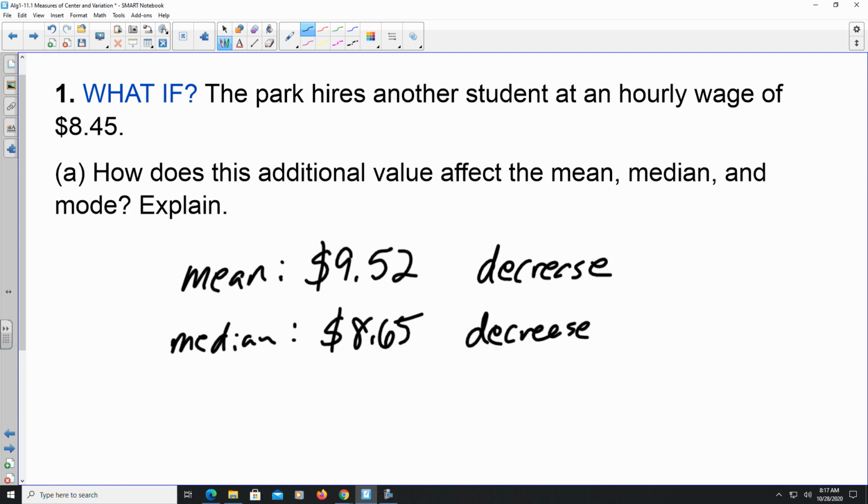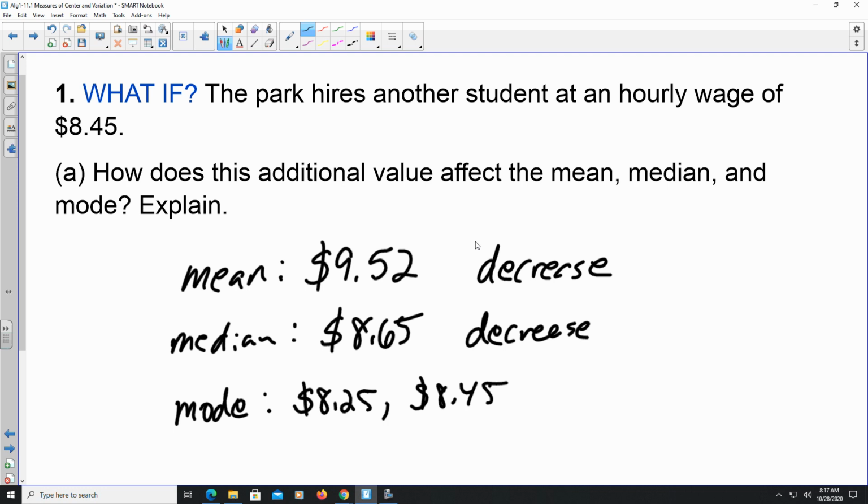And then the mode, because there is another student that has $8.45, if you remember from the data set, now we have two modes, 825 and also 845 now because there's a repeat there. So the change is that we had one mode and now we have two modes.